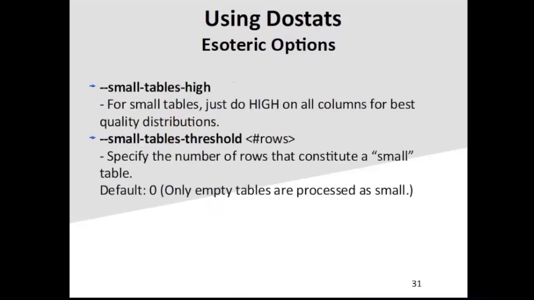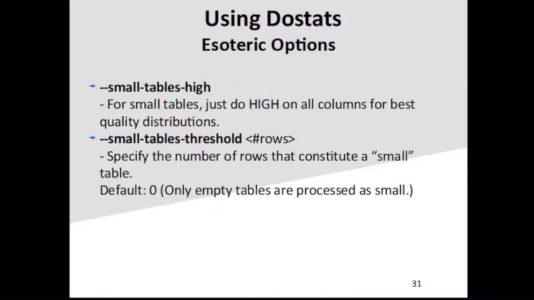Dash dash small tables high. So like AUS, you can tell Dostats that if a table is tiny, just do high on all the columns. It's easier, it's faster, and it's not going to take much time. And you can specify with dash dash small tables threshold the number of rows that constitutes a small table. By default, Dostats uses 0. AUS's default for small tables is 100 rows.